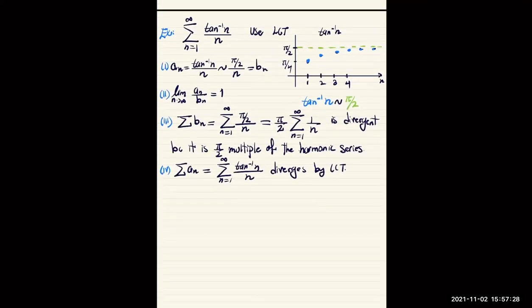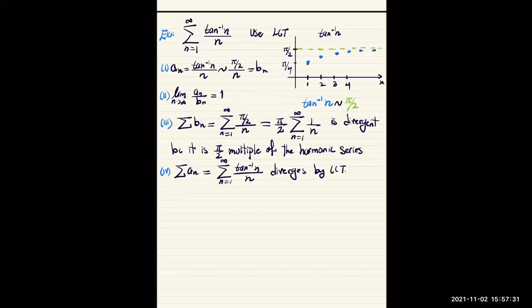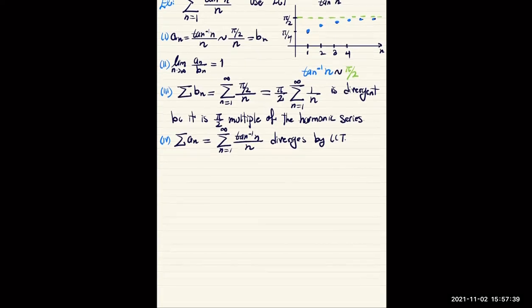Okay, so one more thing. I wanted to show you guys how to do the basic comparison also on this question. Okay, so same example. But we're going to use the basic comparison test, which is a little bit more difficult because we have to first of all guess and then come up with an inequality.